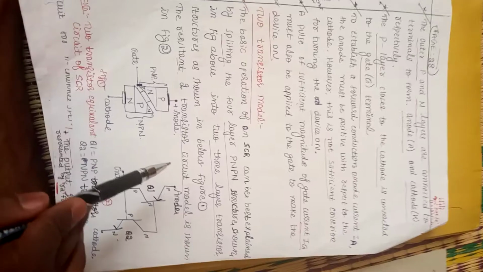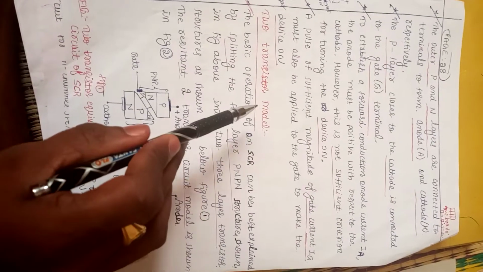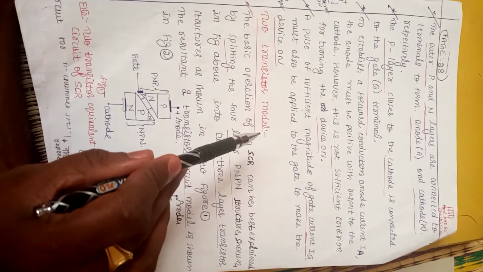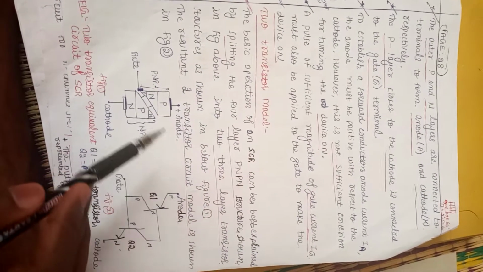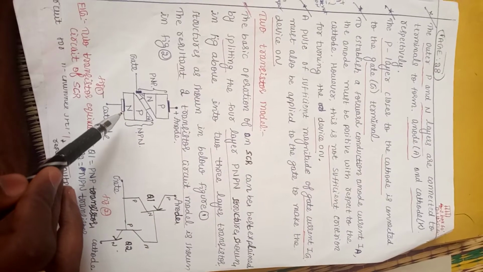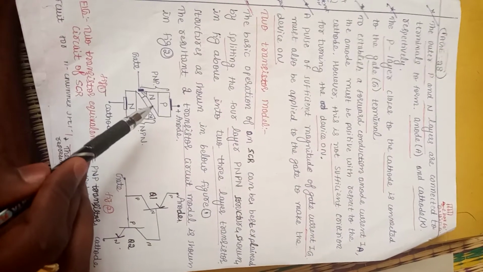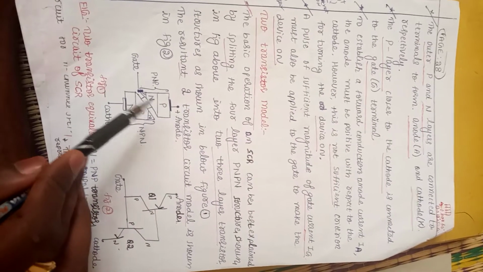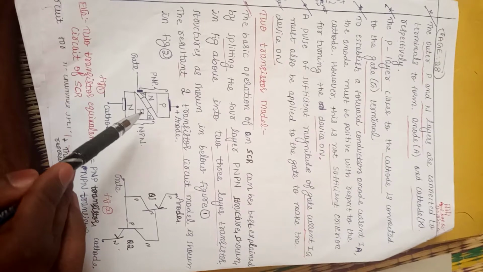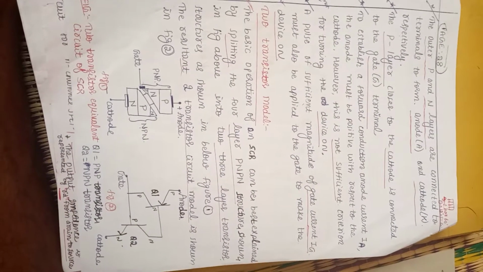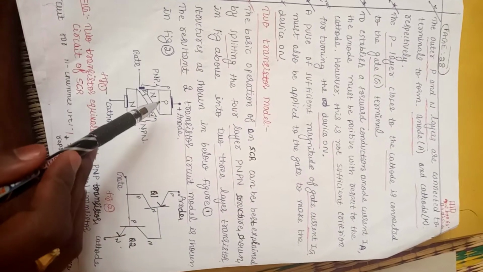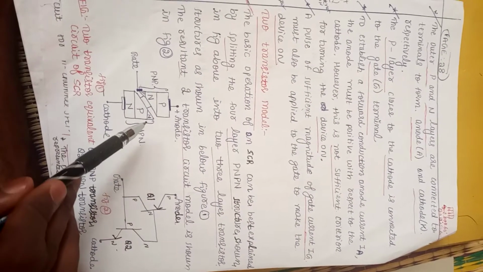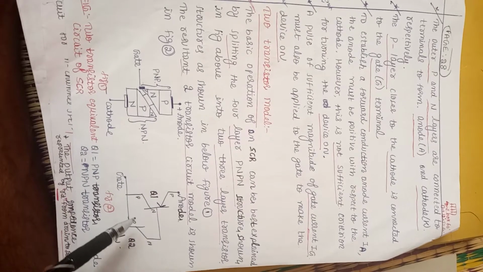So what does your SCR consist of? The operation of the SCR can be analyzed by using a 2-transistor model. This PNPN device SCR is split into a 3-layered device, that is, two transistors: one is PNP and the other NPN. Here first you have the PNP transistor, then you have the NPN transistor.